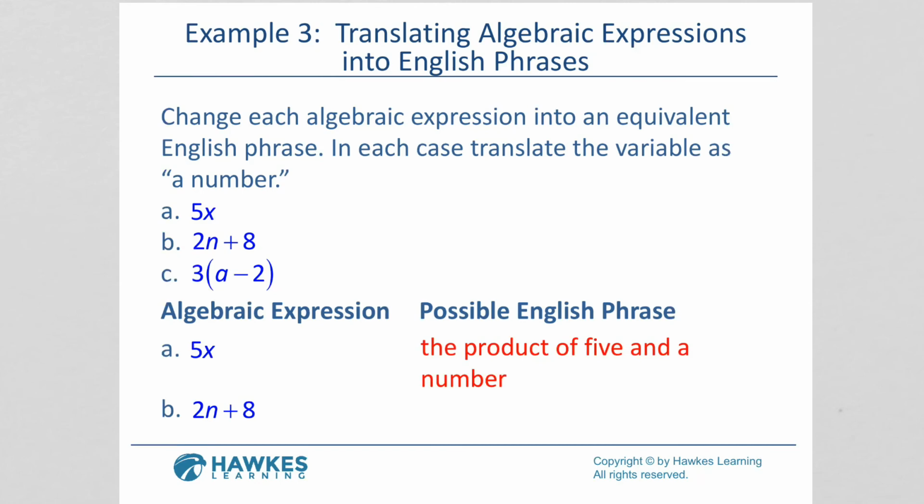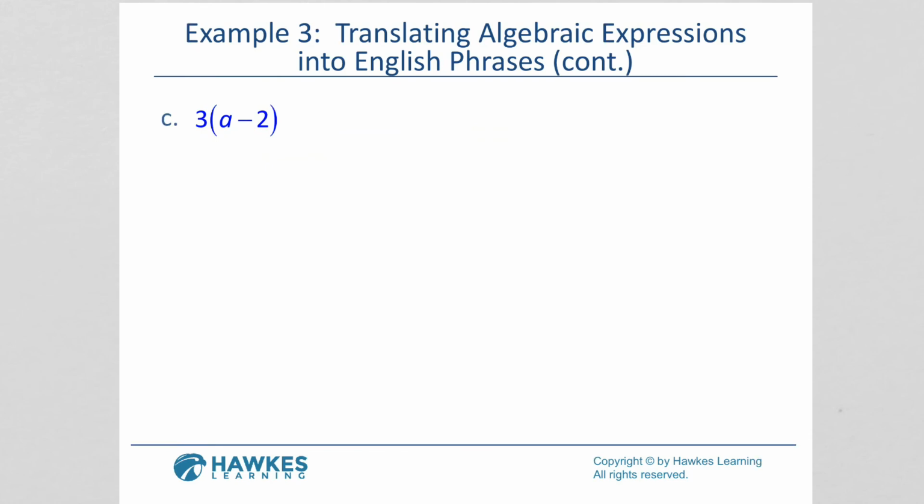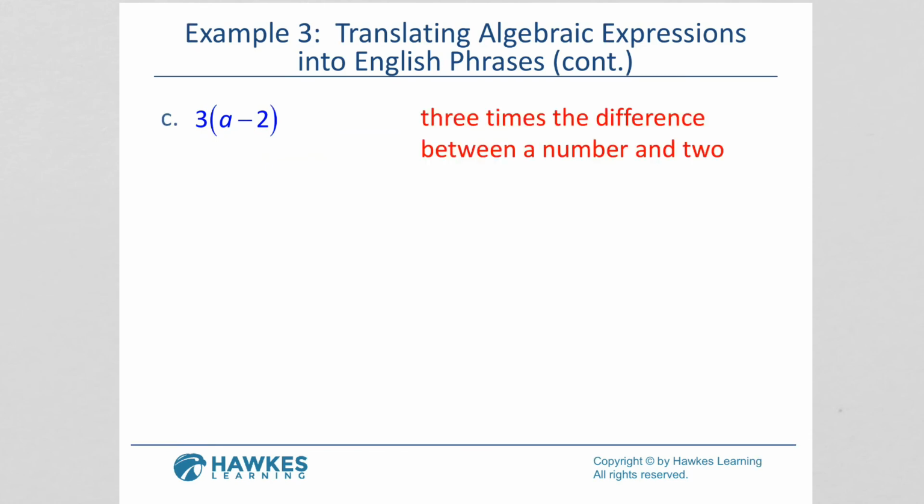There are multiple options you could have for these English phrases. This is just one example. 3b, 2n plus 8 could become twice a number increased by 8. 3c, 3 times the quantity a minus 2 can become 3 times the difference between a number and 2.